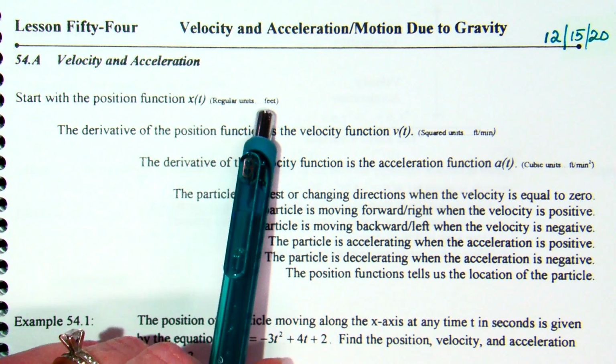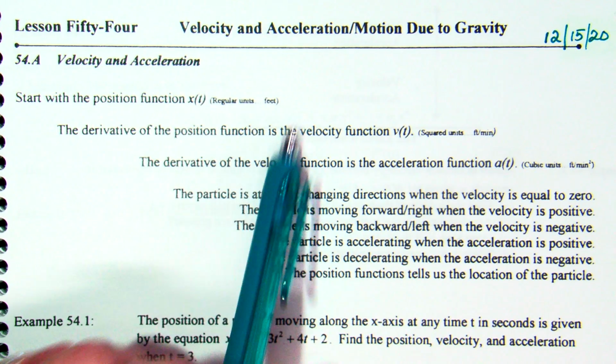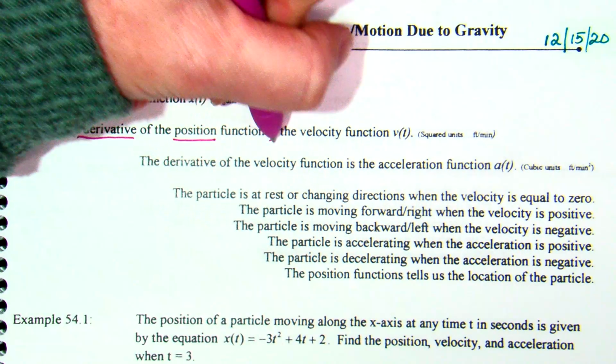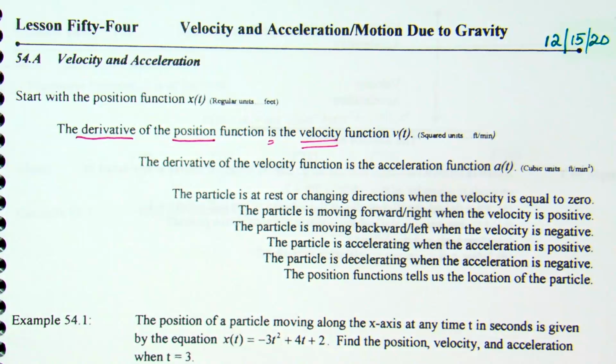The derivative of position is velocity, the change in position with respect to time, so the units are something such as feet per minute.